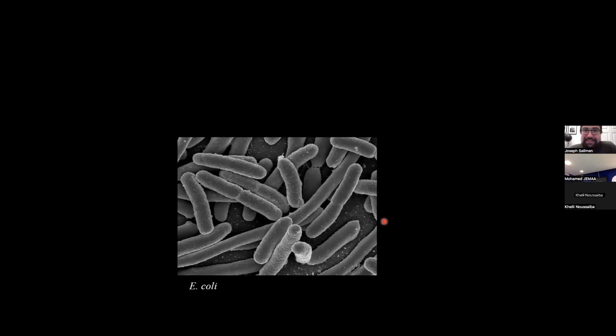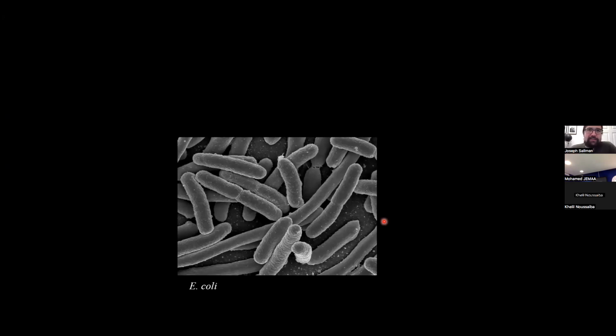But first, I want to set your mind in the right space of what we think of when we think of bacteria. I know this is a conference about bacteria orchestrating life, and even when bacteriologists get together, we immediately go to the standard bacterium that everyone thinks of, which is E. coli.